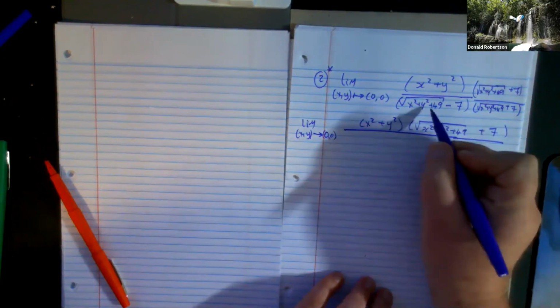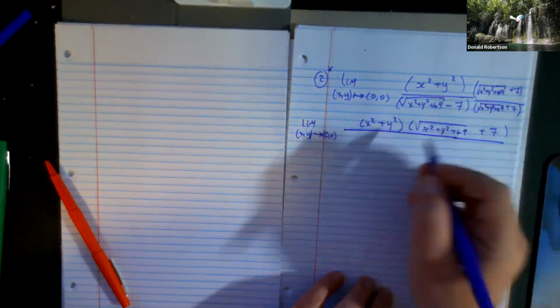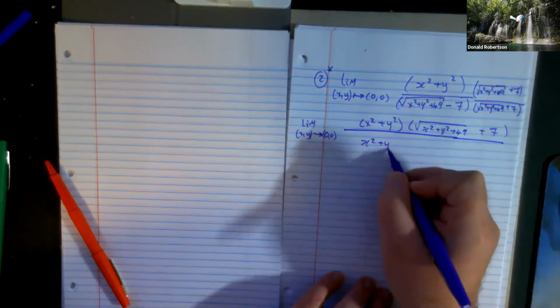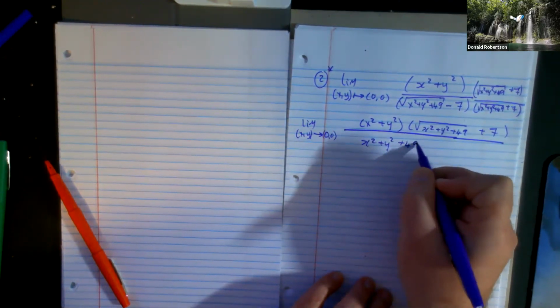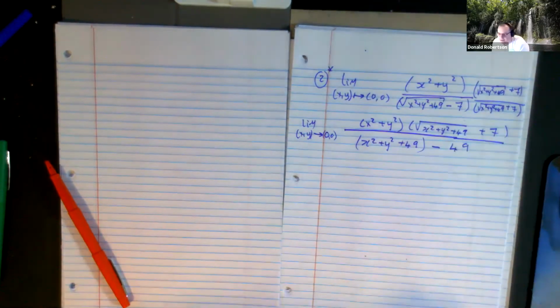And on the bottom, if you multiply this guy by this guy, you get x squared plus y squared plus 49, take away 7 squared. Are you happy with me doing it the quick way rather than foiling all out and proving to you that's what you eventually get?